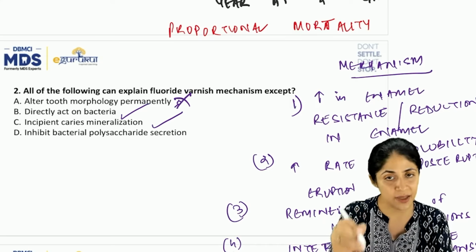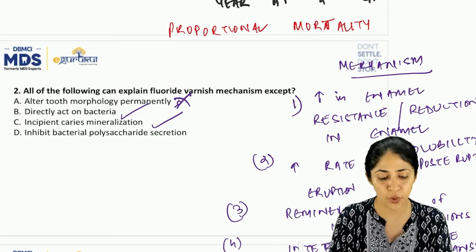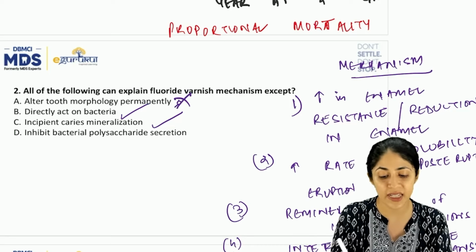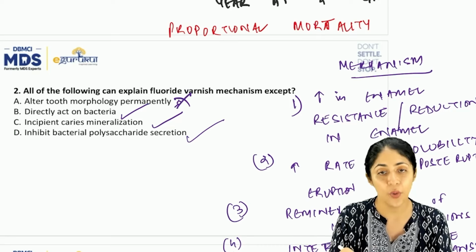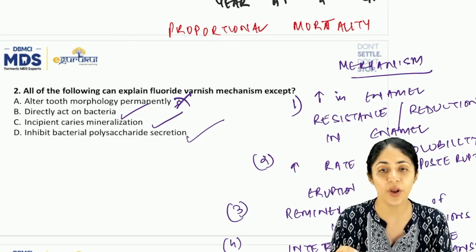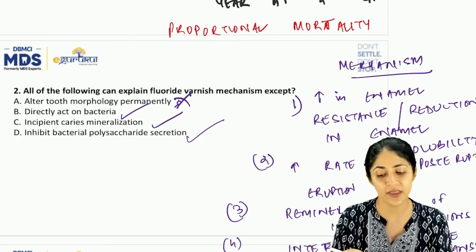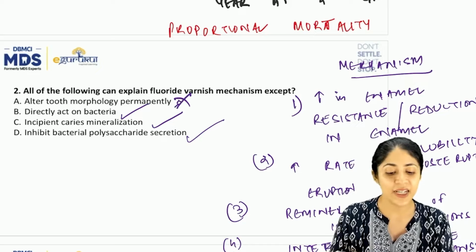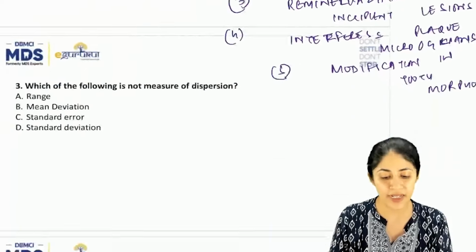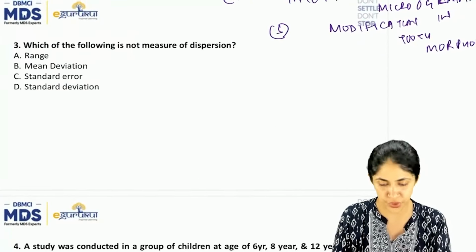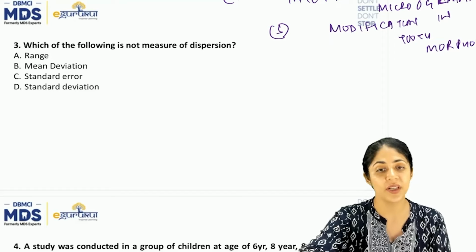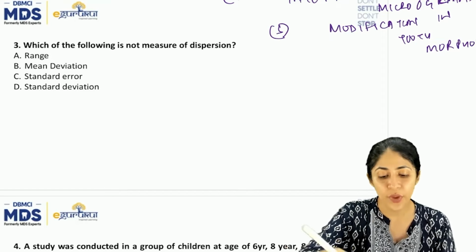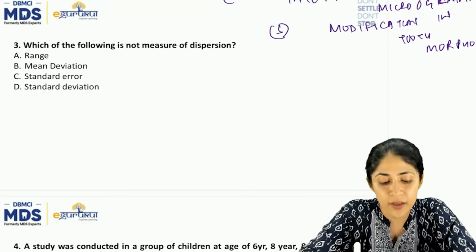Yes, it interferes with the functioning of the microorganisms by inhibiting the bacterial polysaccharide secretion. So this is definitely one of the mechanisms. All the other three are mechanisms of fluoride varnish, but it does not completely or permanently alter the tooth morphology.